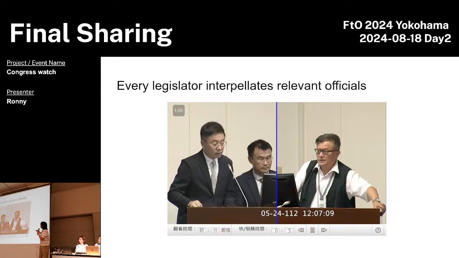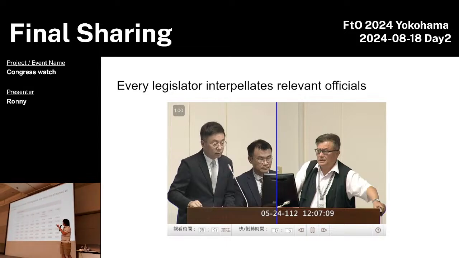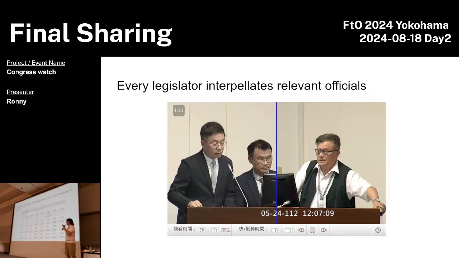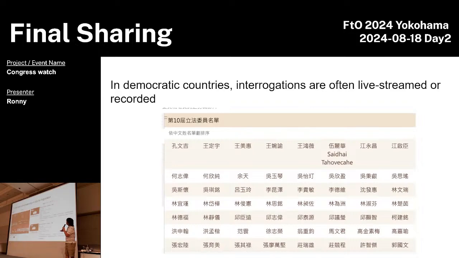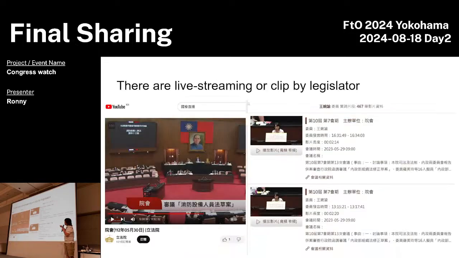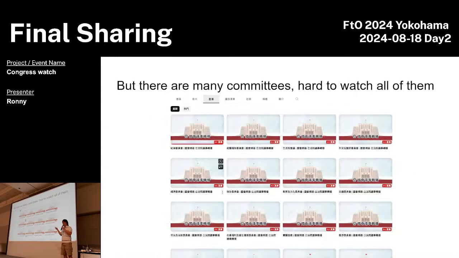There is a lot of video streaming, and in Taiwan there are many streams by each congressman, and we can download the video streaming, but there are too many committees, so it is hard to watch them all.